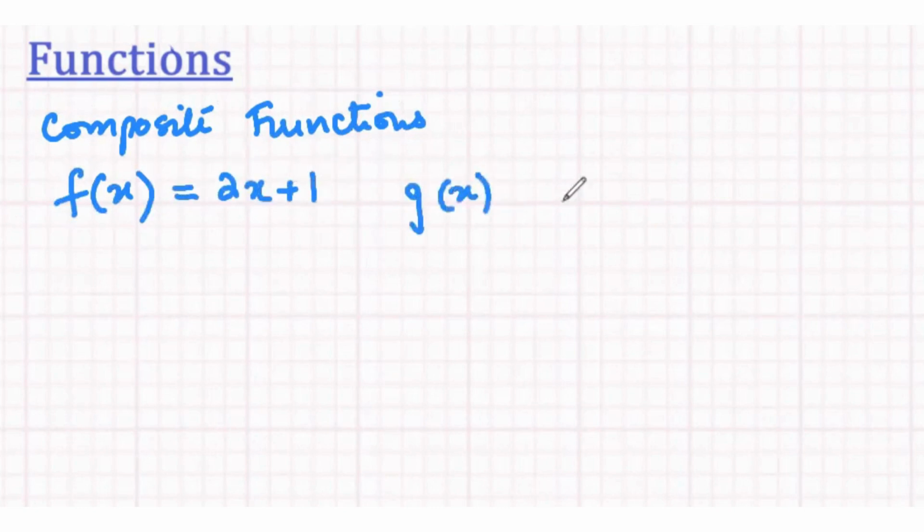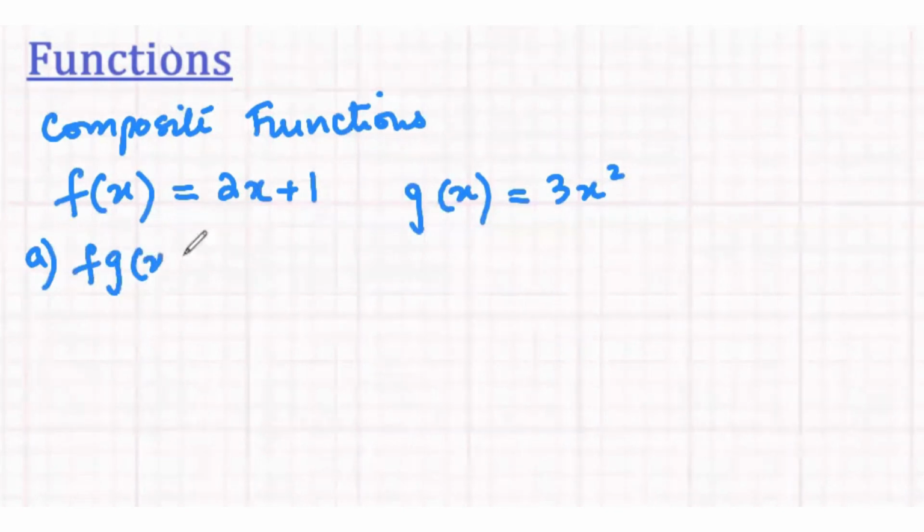Now let's talk about composite functions. So for composite functions, let's say we have two functions, f of x equals 2x plus 1 and g of x equals 3x squared. Let's say in the question they're asking you to find f of g of x.